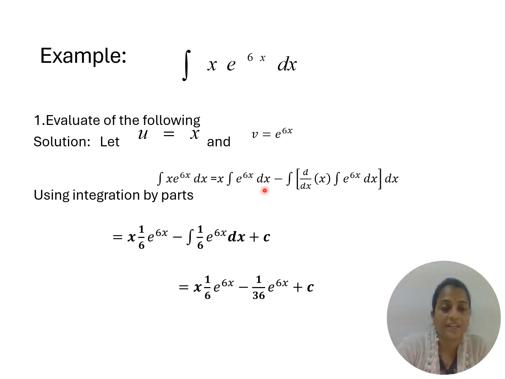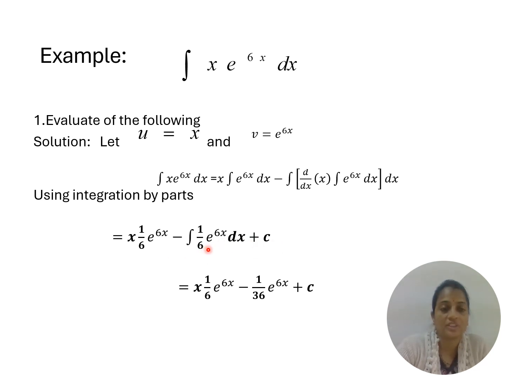If we integrate this, integration of e to the power 6x is e to the power 6x divided by 6, so we write this, minus integration, the differentiation of x is 1, because dx cancels, and integration of e to the power 6x is e to the power 6x upon 6, so we write e to the power 6x upon 6 dx plus c.